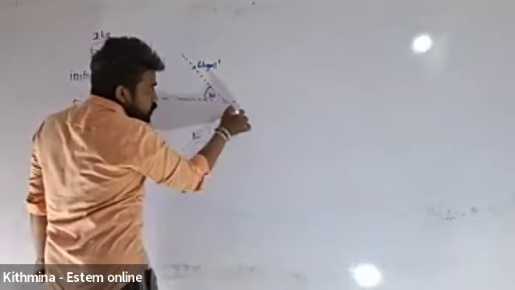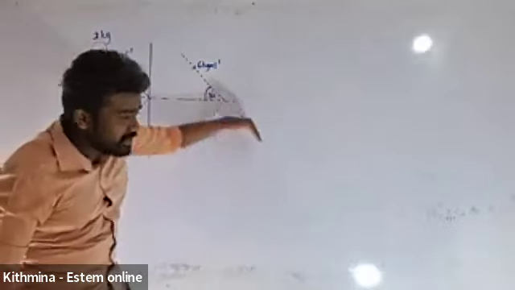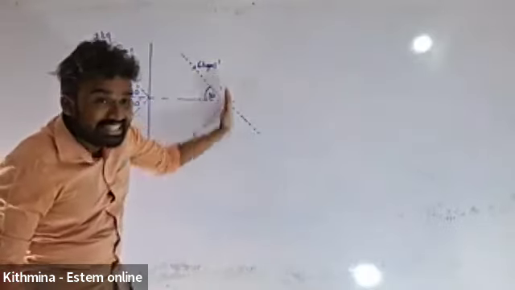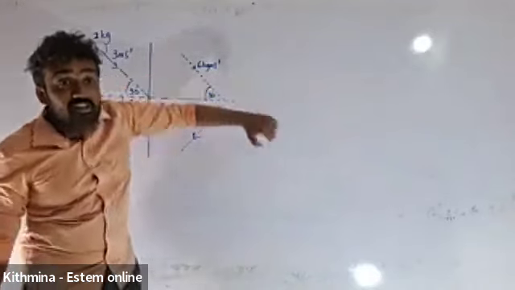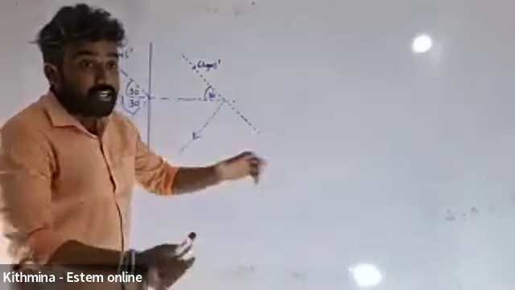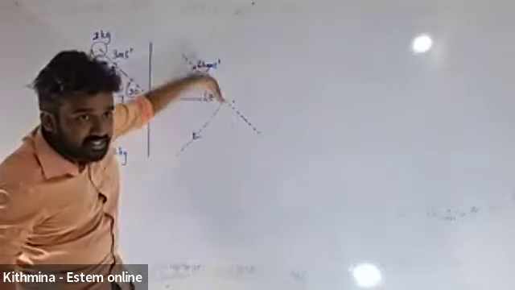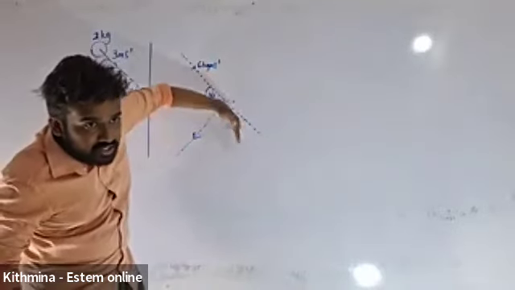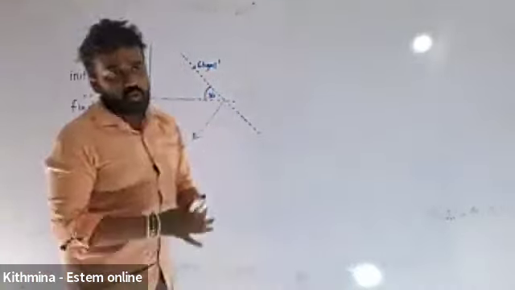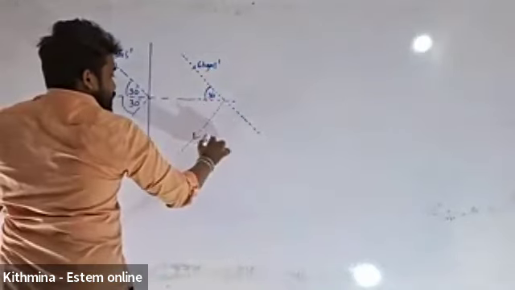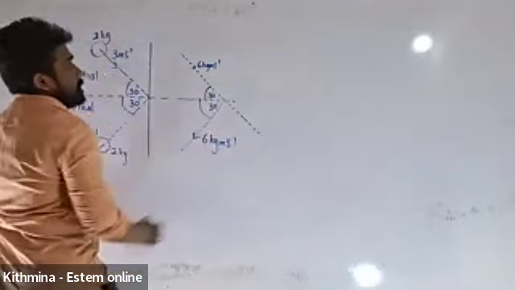It hoped to go in this direction, but because of this collision, it changed by this angle, like the angle of deviation in light. This is the initial direction, the final direction is this. It deviates its path. So this is 6 kg m/s and this is 30 degrees.